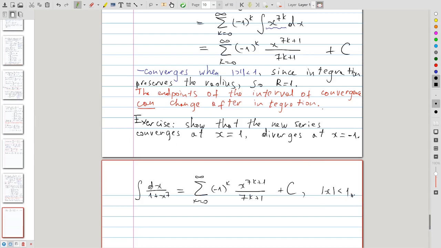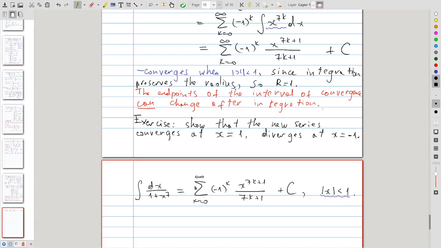In fact, it even holds for x equals 1, but not for x equals minus 1. But that requires separate consideration, and we do not obtain it automatically from the theorem about integration of power series. The theorem only tells us that the radius of integration is preserved, and so that gives us this equality here on the interval from minus 1 to 1.